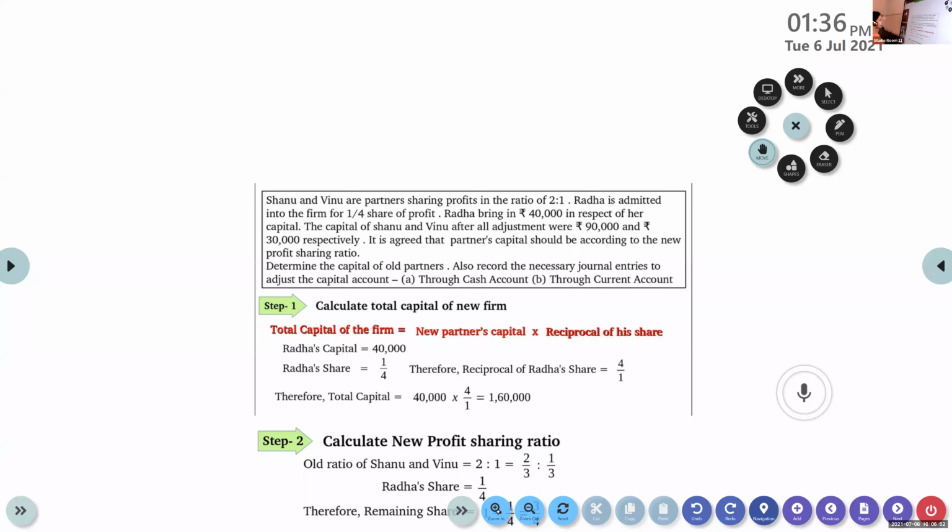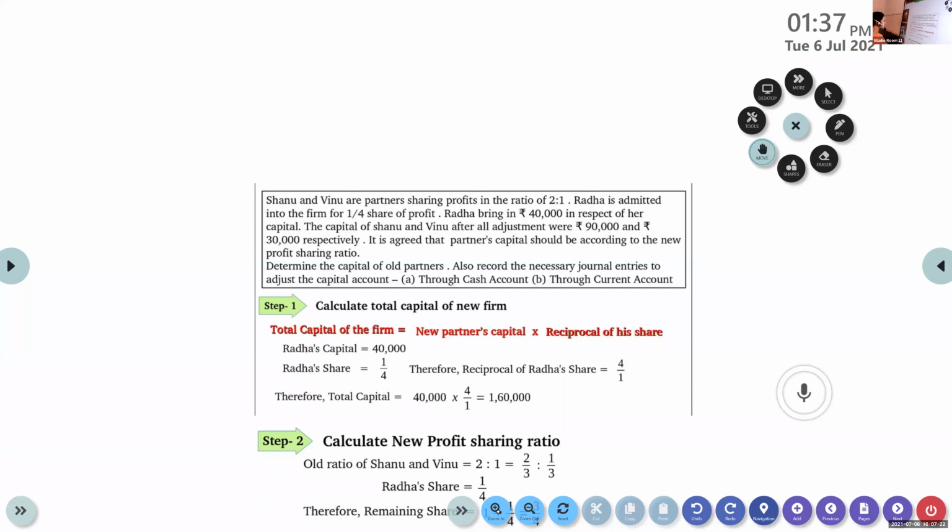The capital of Shanu and Vinu, after all adjustment, were 90,000 and 30,000 respectively. It is agreed that partners' capital should be according to the new profit sharing ratio. Determine capital of old partners. Also record the journal entries to adjust the capital account. So both the methods, through cash account as well as through current account. How do we do this?